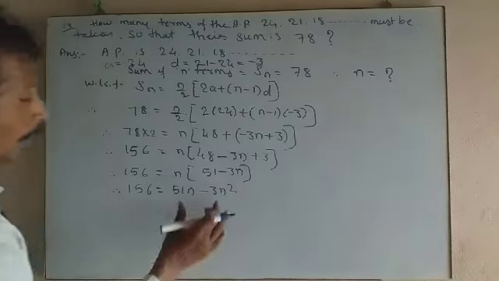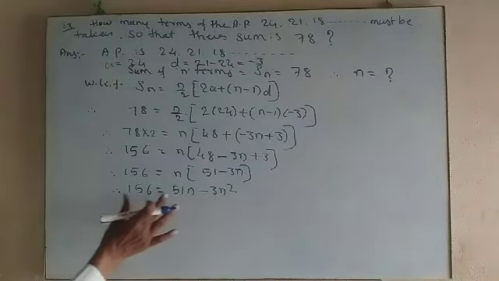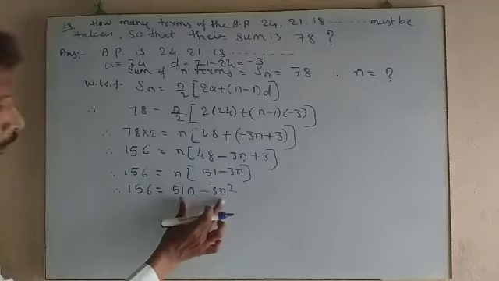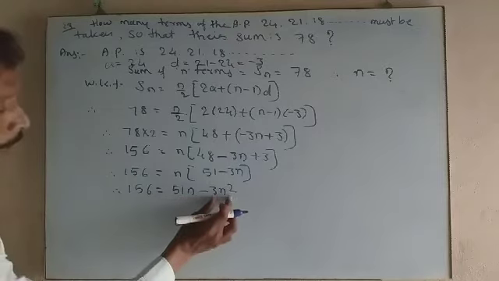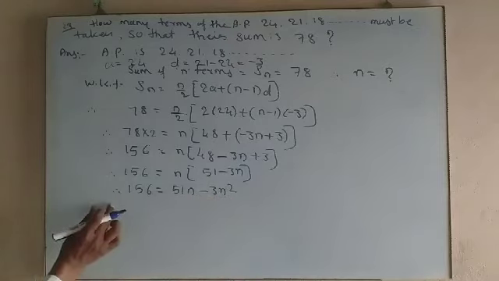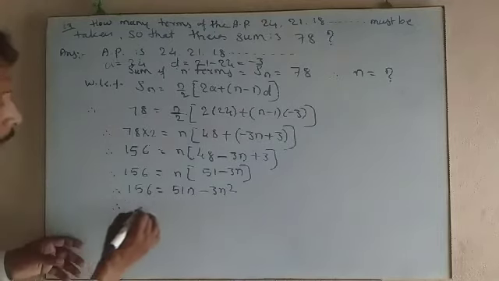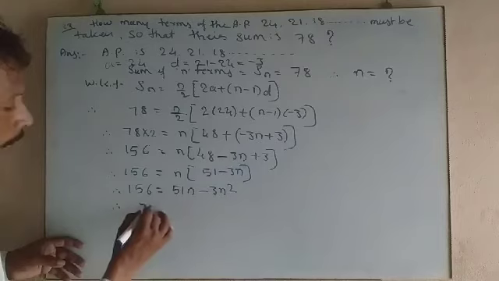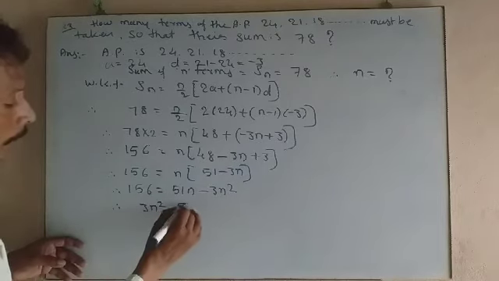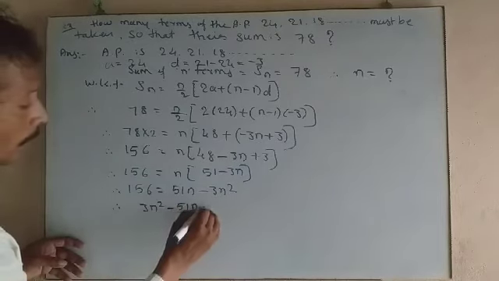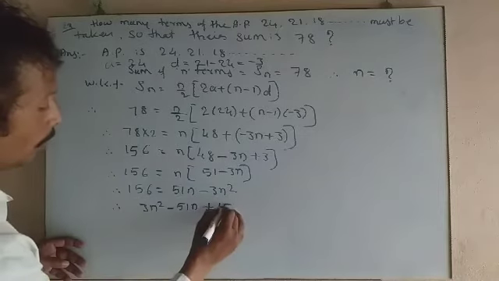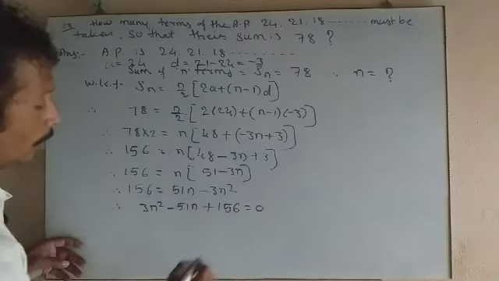Take these two terms to the left side. When you transpose these two terms, minus 3n square becomes 3n square, 51n becomes minus 51n. Therefore 3n square minus 51n plus 156 is equal to 0.